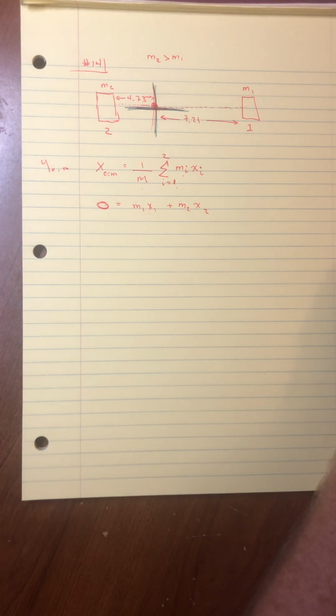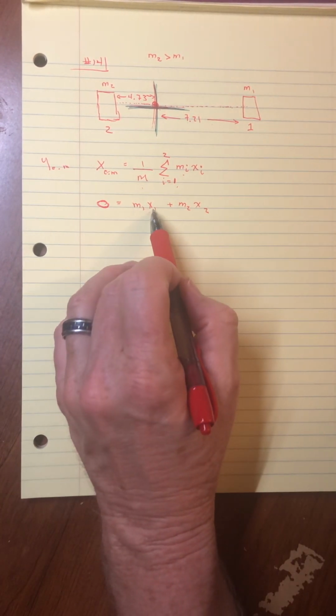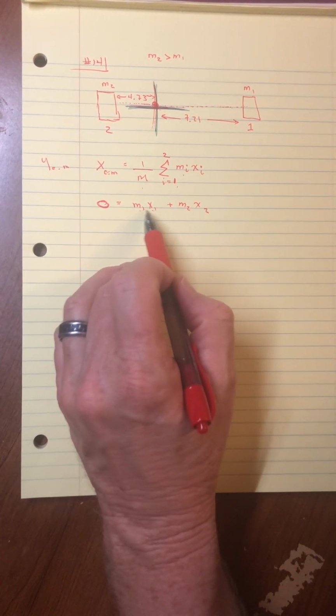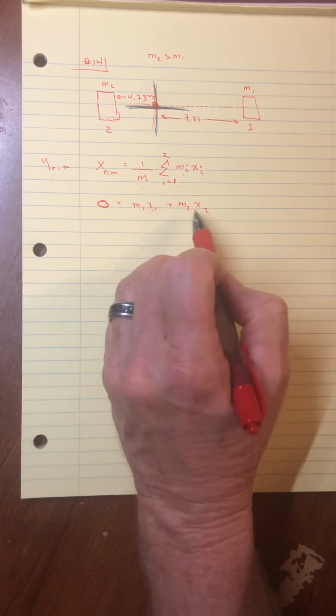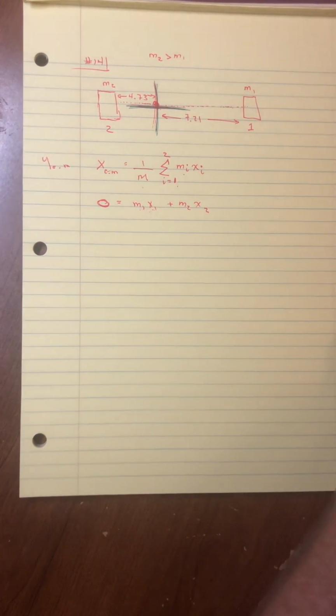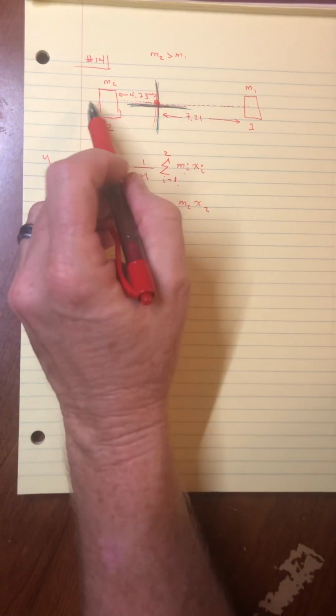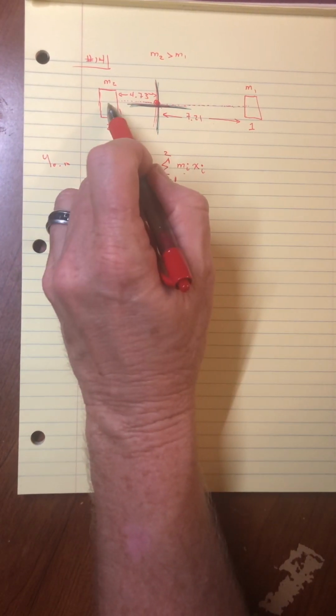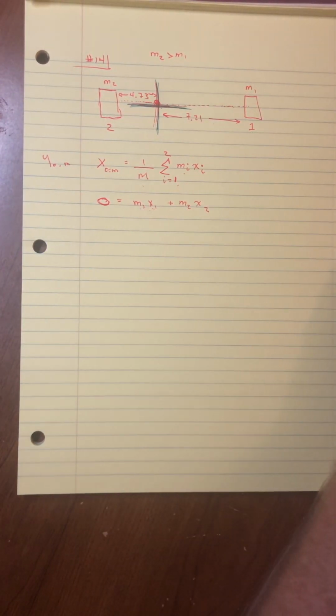Now, the other thing is you can see that the one with the smaller distance has to have the bigger mass in order for this product here to be equal and opposite to the product here. So again, that's why I said I got to put it in the opposite direction, and I know that M2 has to be greater than M1. Okay.